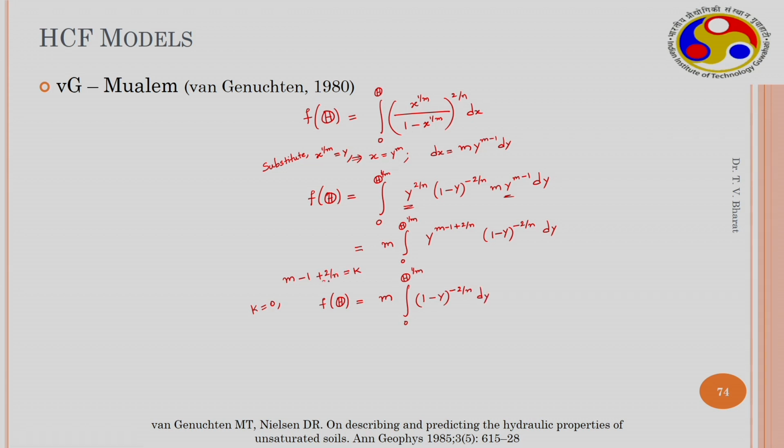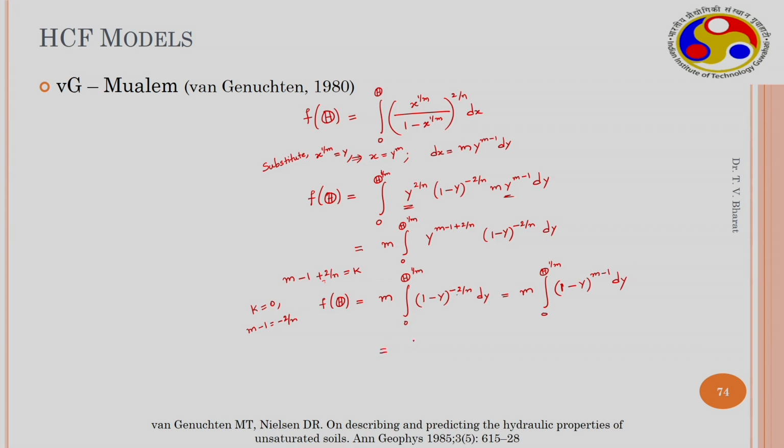Here m minus 1 plus 2 by n equals 0, so m minus 1 is equal to minus 2 by n. So, this can be written in terms of m as the integral from 0 to theta power 1 by m of 1 minus y power m minus 1, dy.